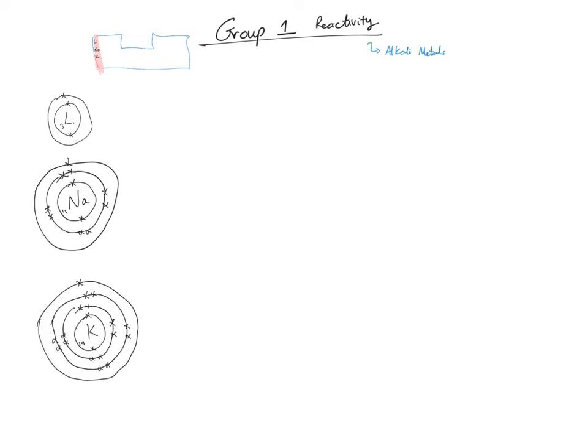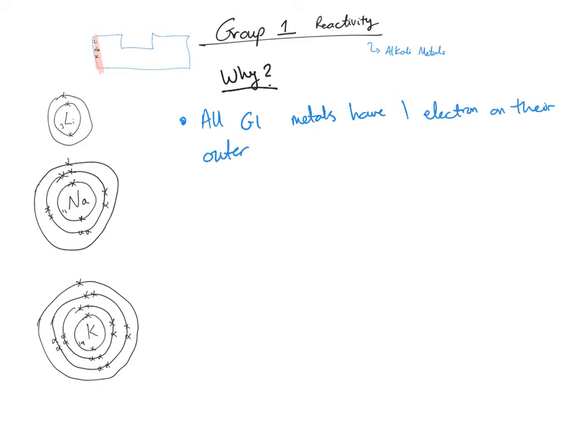What we're going to discuss now is why these react. The first thing to notice about group 1 is that all group 1 metals have 1 electron on their outer shell.